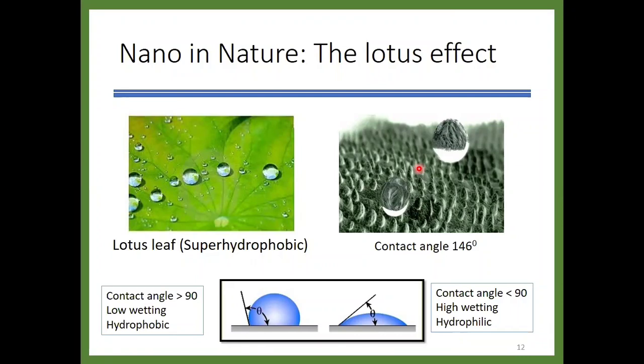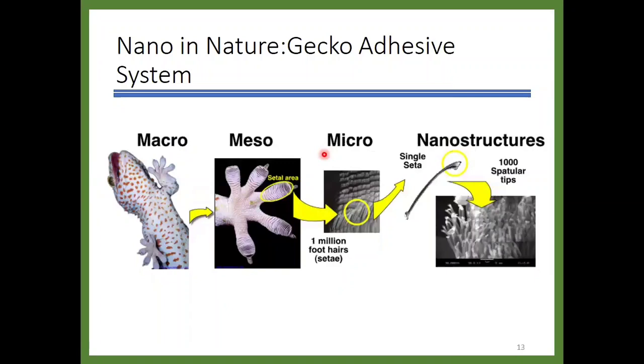So people are learning from nature, and they are trying to make these kind of materials for useful devices, or useful artifacts, right? And the next example I take is this gecko adhesive system.